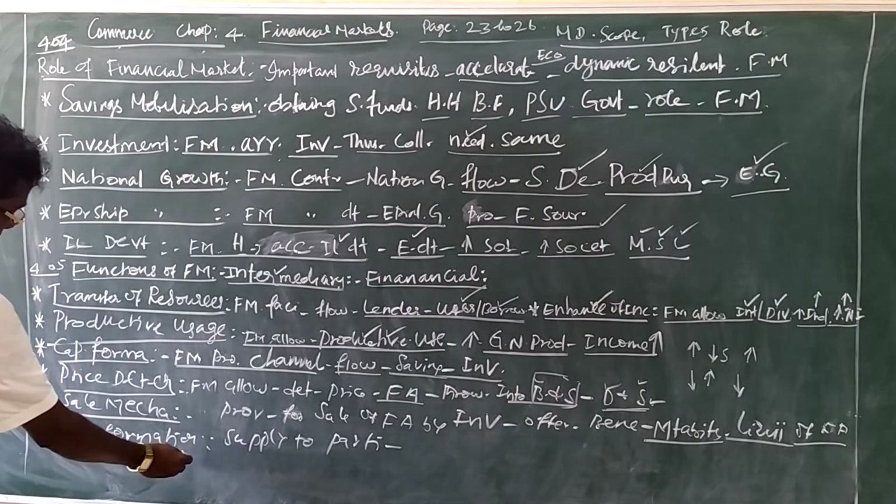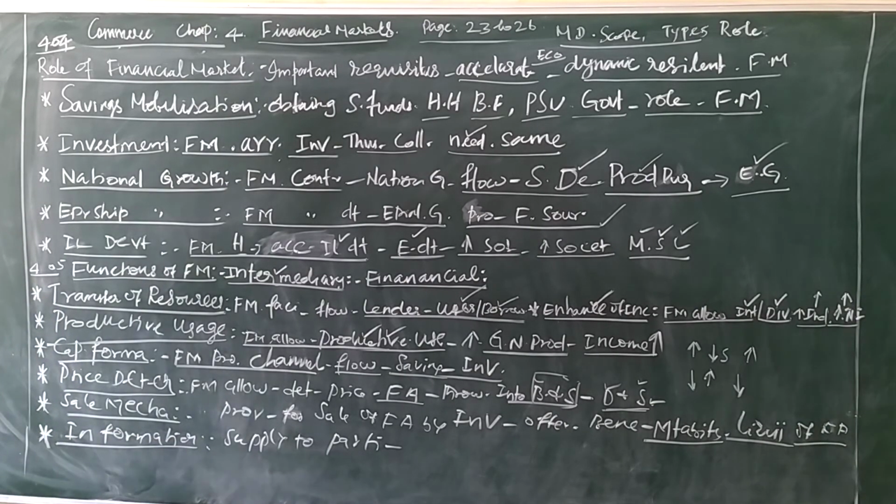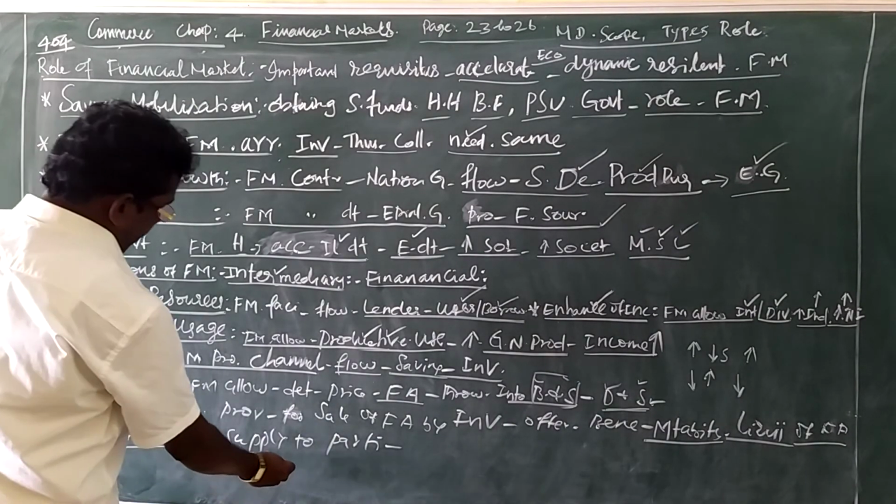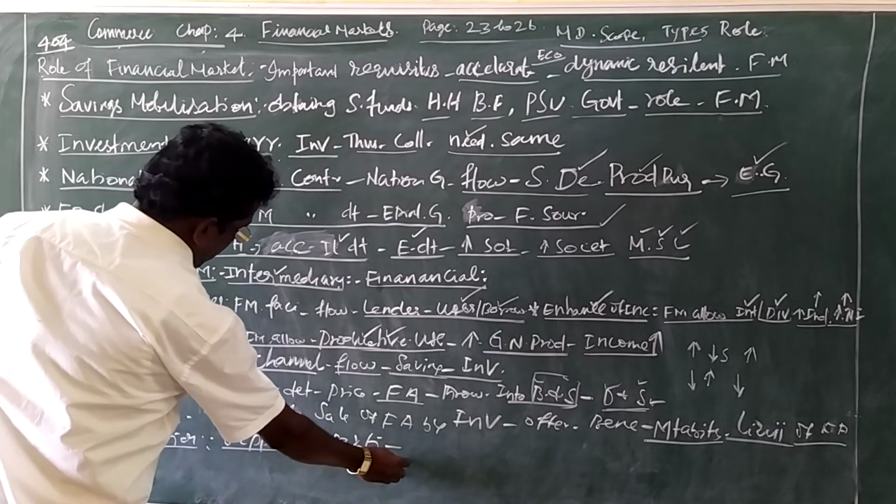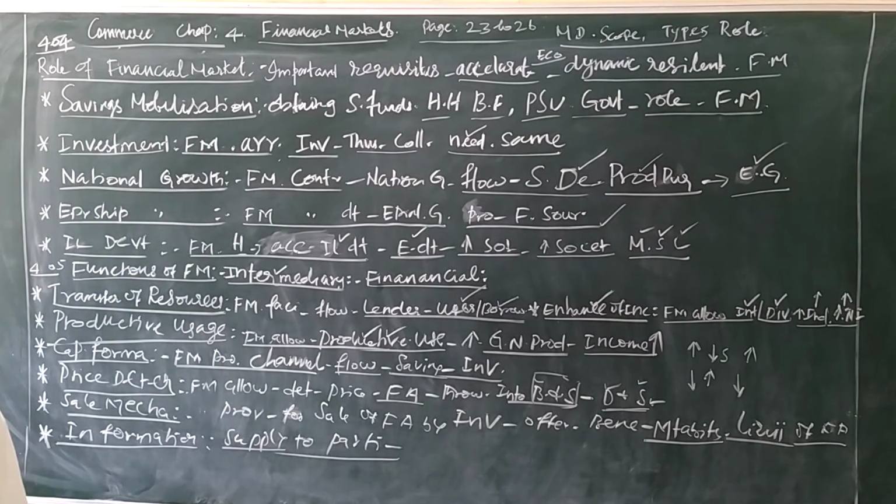And the last one is supplying of information. Regarding the position of the financial market, participants need information. Those who are participating in the financial market need financial information, and that should be supplied by the financial market.